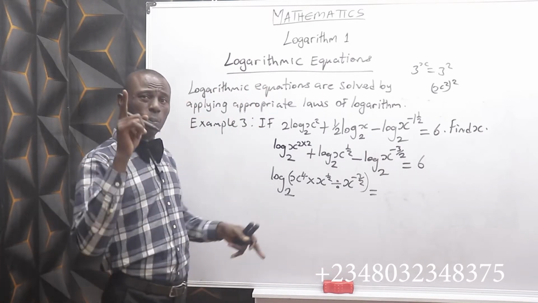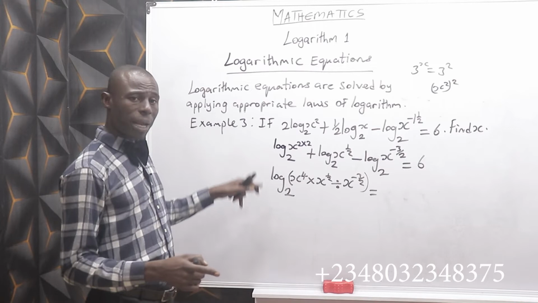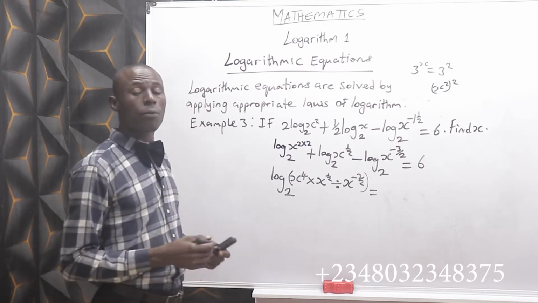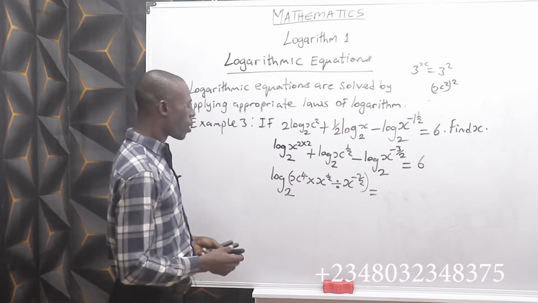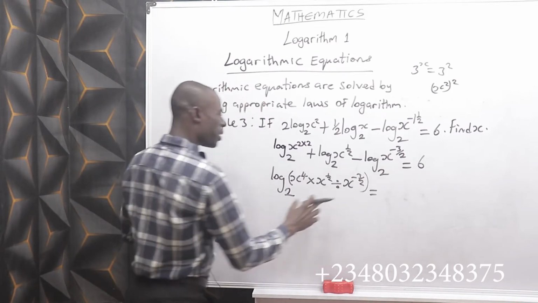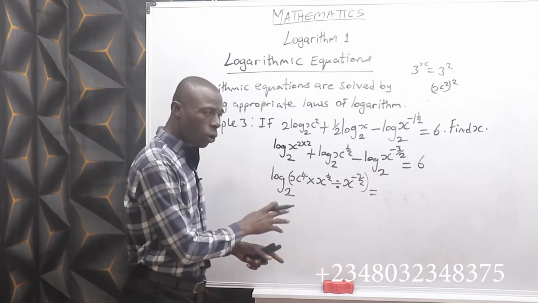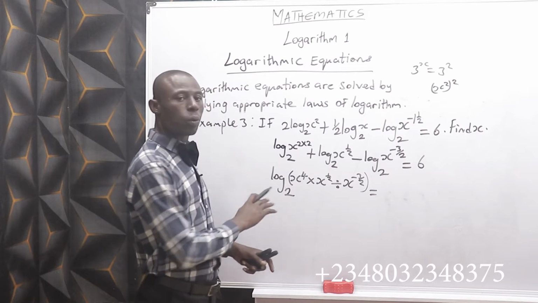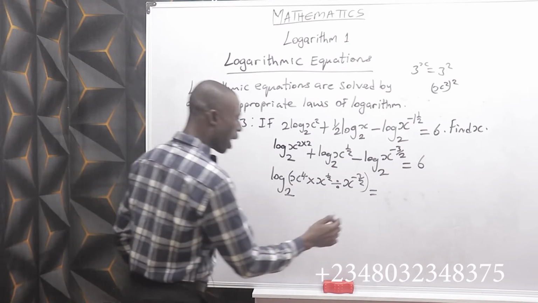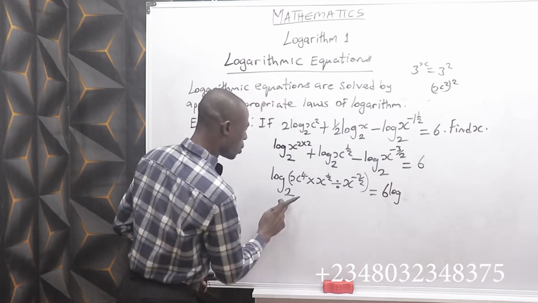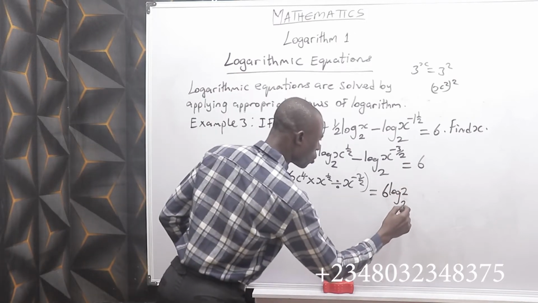what I told you in example 1, that I applied in example 2, let me apply it again in example 3 for your proper understanding. If I put 6 here, and I decide to write this log in indices form, you know that quite all right. But if I don't want to go that way, see, I will now write 6 log the base, log 2 base 2.